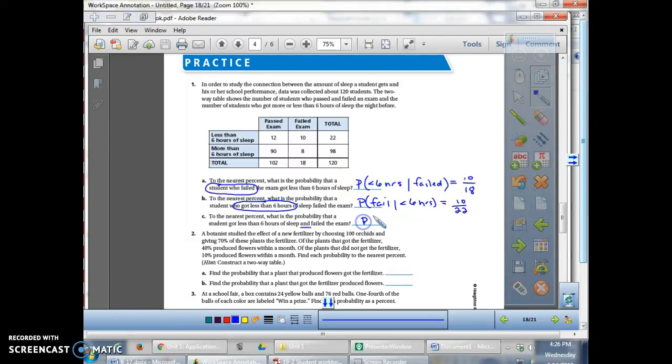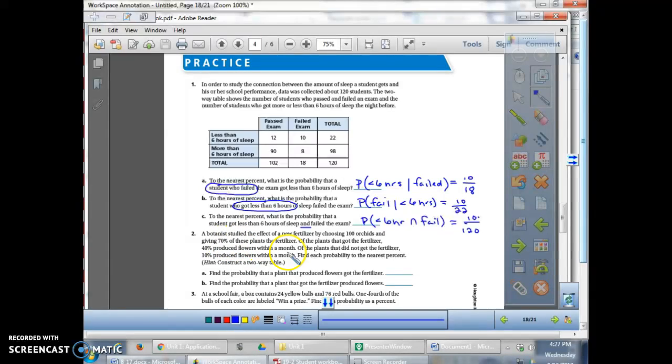This is really just the probability of less than 6 hours and failing the exam. And in this case, I don't really need a formula. I'm just looking at the total in the joint cell, which is 10, out of the total in the table, 120. So that's how you would approach that without using the formula.